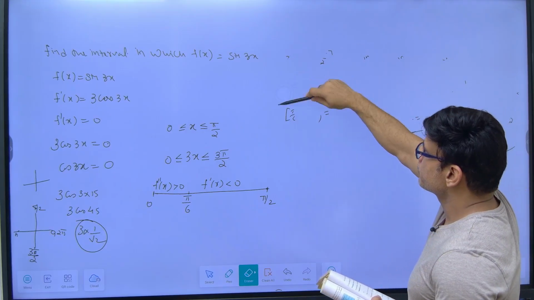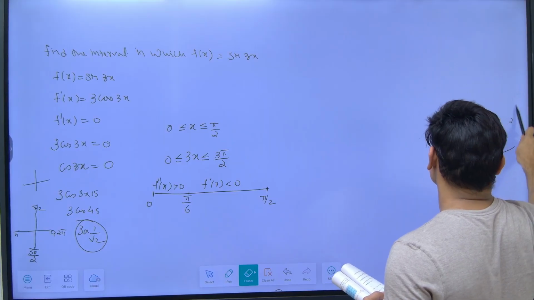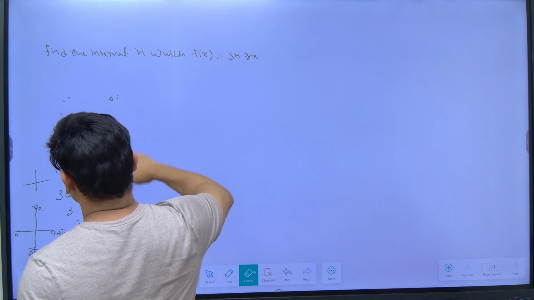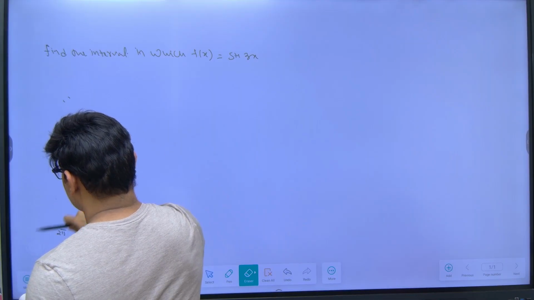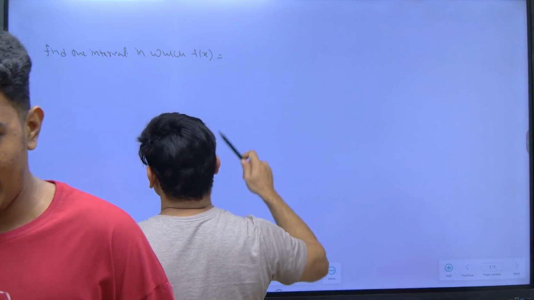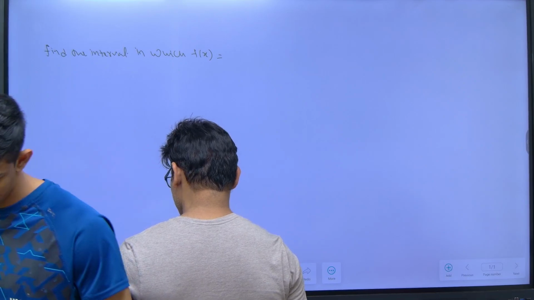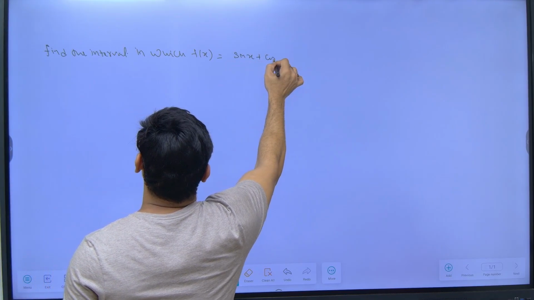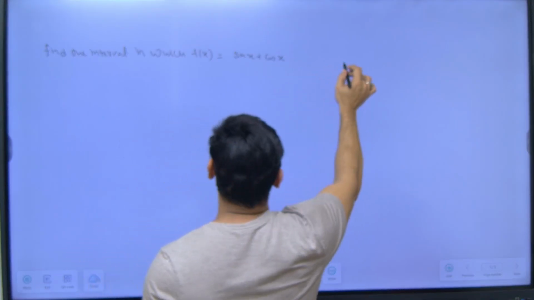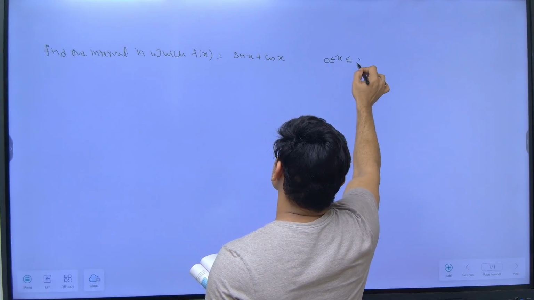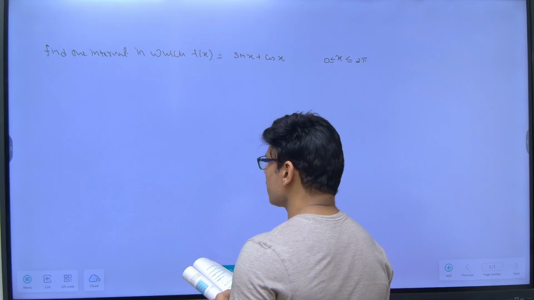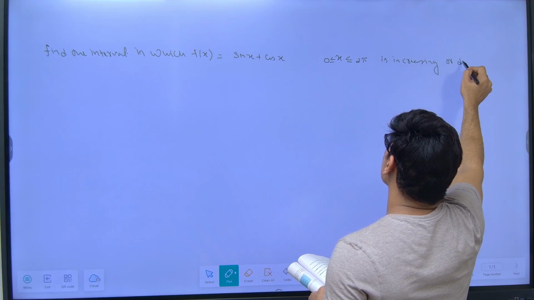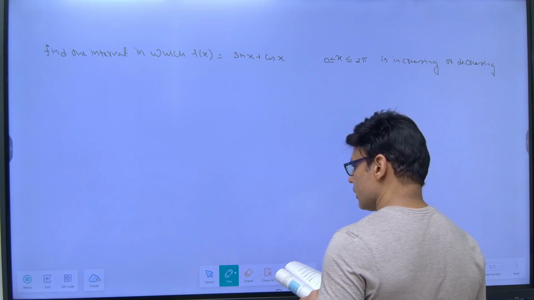That question is, find the interval in which the function given by f of x is equal to sin x plus cos x, where x is greater than or equal to 0, less than or equal to 2 pi, is increasing or decreasing?